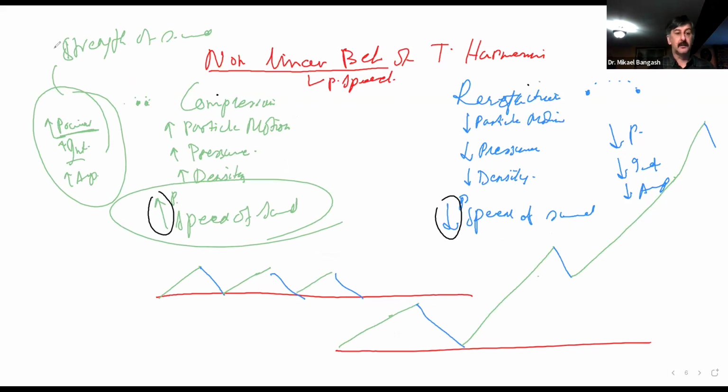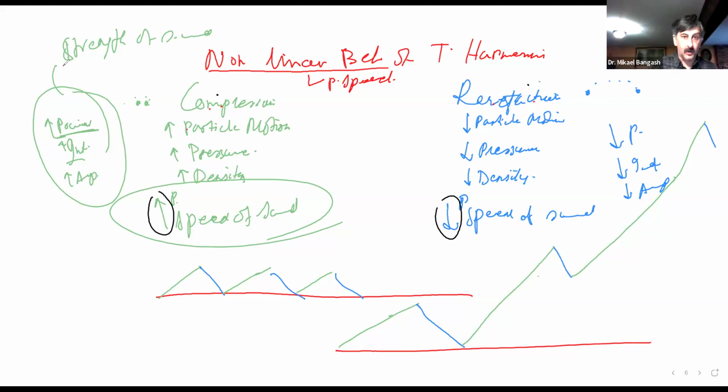As we said, when looking at the phases of the cycle, they are related to the distance between the particles as the sound was propagating, that is, compression and rarefaction.